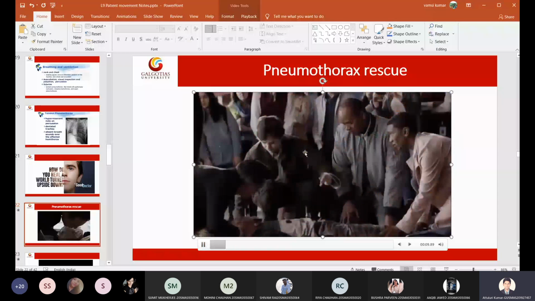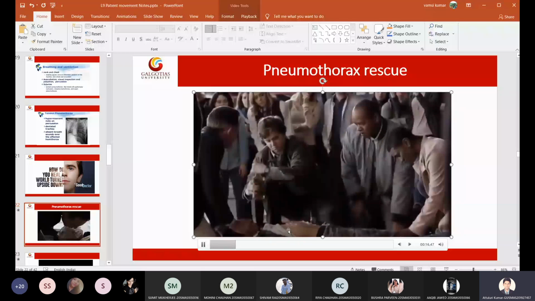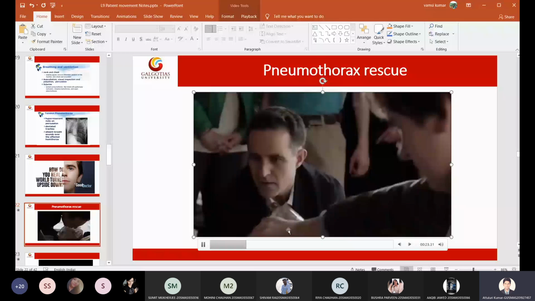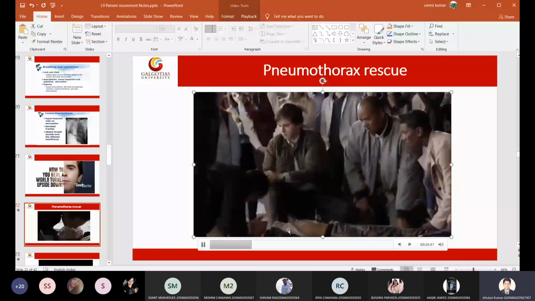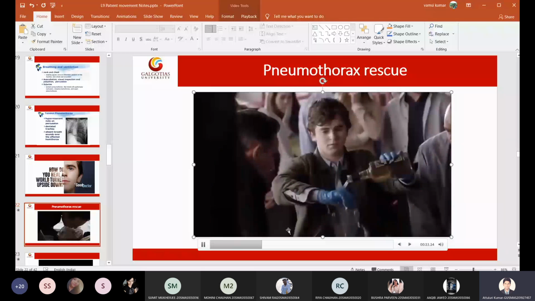This patient has pneumothorax. He's unable to breathe. So he is using the alcohol for sterilizing the skin. Very bad. You should not blow gloves with air. Then he sterilized his gloves.